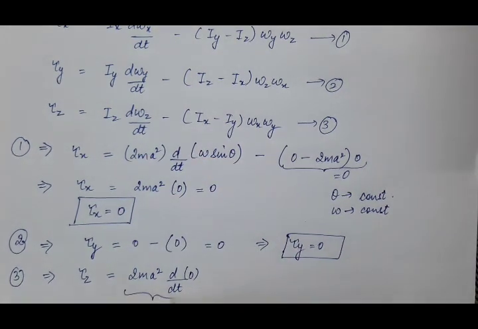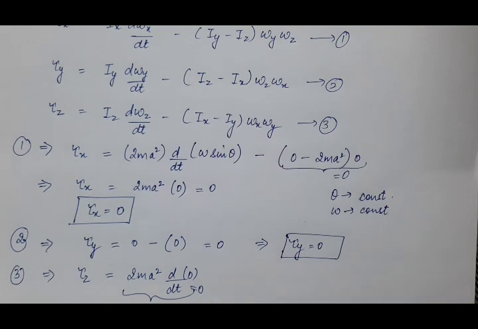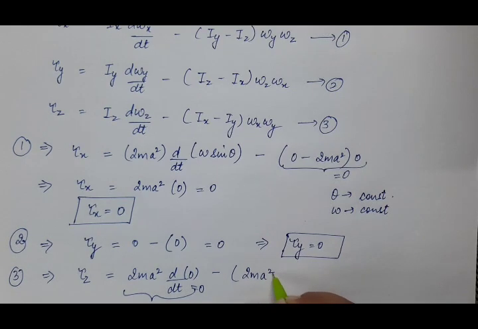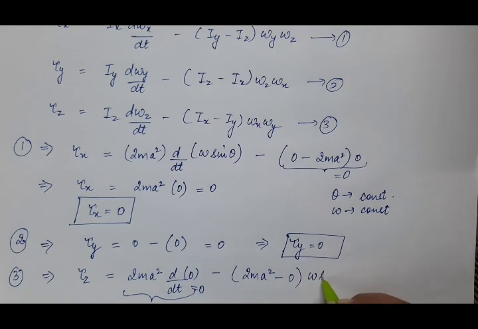So it will make this whole term equal to 0. Minus, what is the value of Ix? It is 2ma square, minus the value of Iy, which is 0. What is the value of omega x? It is omega sine theta, and the value of omega y is omega cos theta.